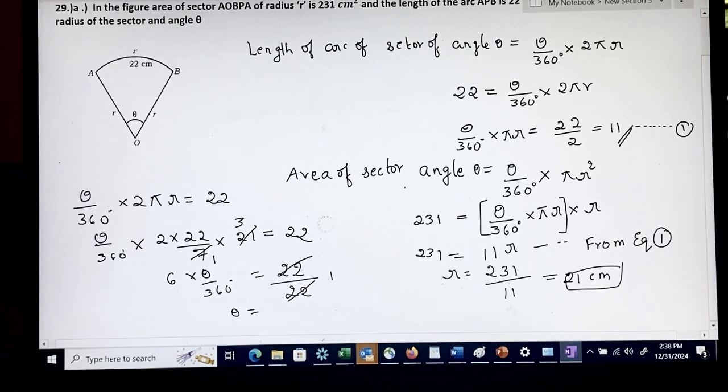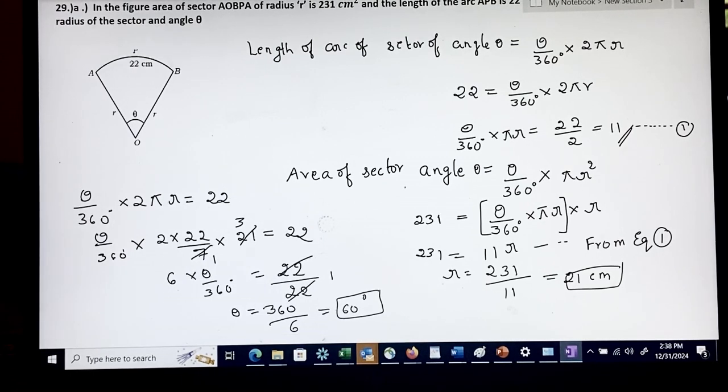So theta is equal to, when 360 goes to the other side it becomes the numerator and 6 goes to the denominator, so theta is 60 degrees. This is the answer.